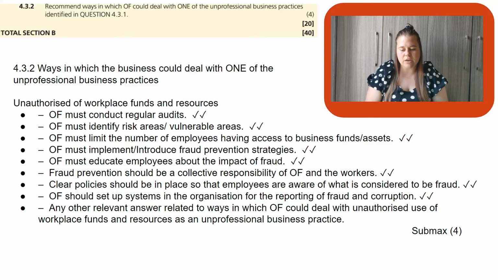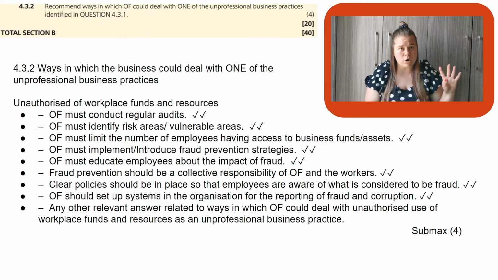They must educate employees about the impact of fraud. Fraud prevention should be the collective responsibility of OF and the workers. Clear policies should be in place so that employees are aware of what is considered to be fraud. OF should set up systems in the organization for reporting of fraud and corruption. And then anything else that's relevant. 4 marks, effectively 2 bullets.